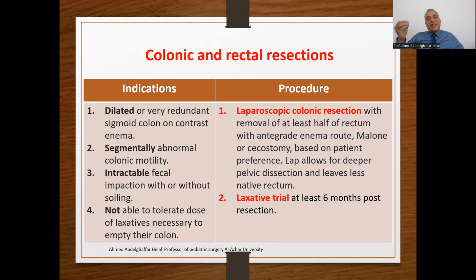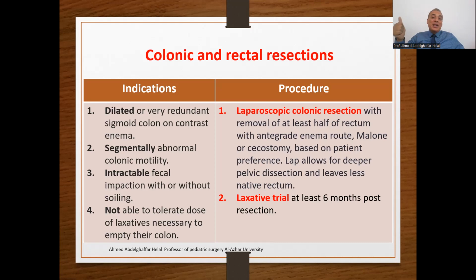So colonic and rectal resection in children with functional constipation is performed with indication: dilated or very redundant sigmoid colon, segmentally abnormal colonic motility, intractable fecal impaction with or without soiling, not able to tolerate the dose of laxative necessary to empty the colon, and it is better to perform the procedure by laparoscopic colonic resection.